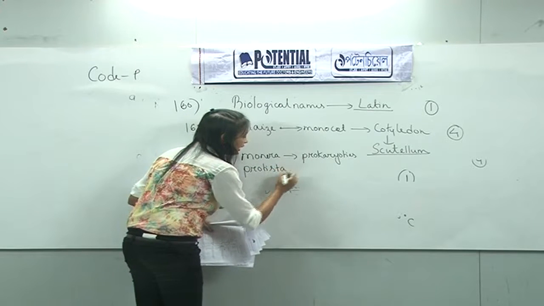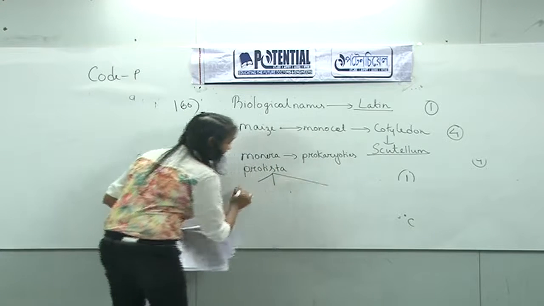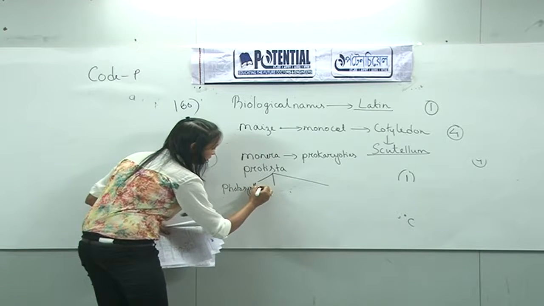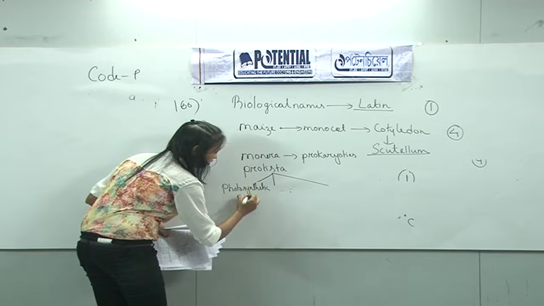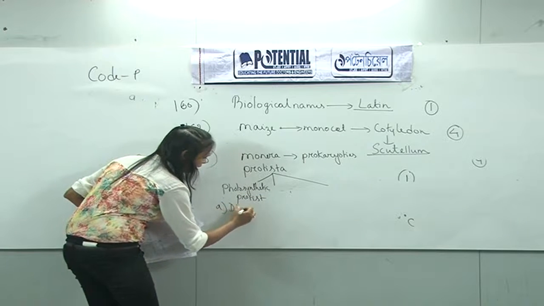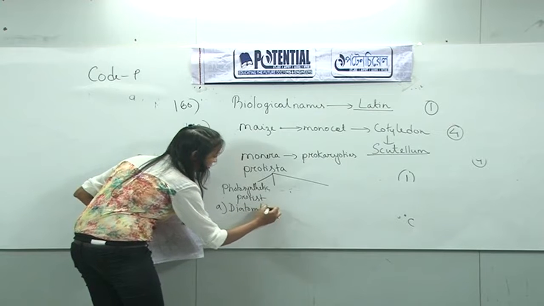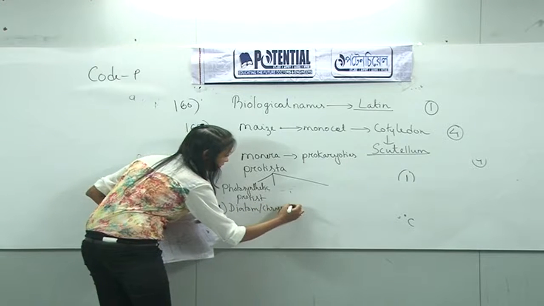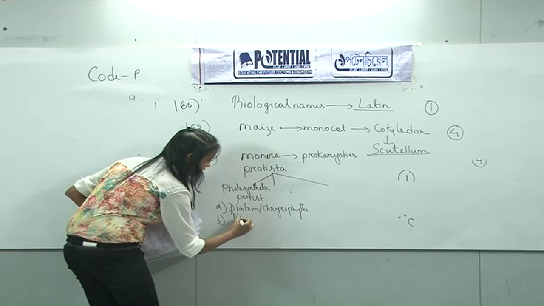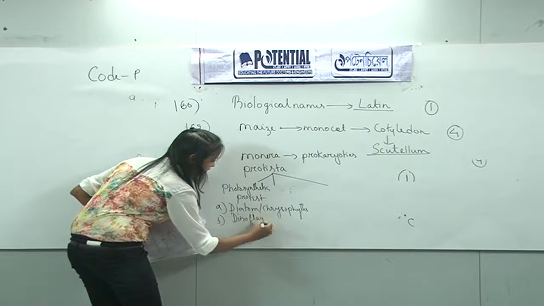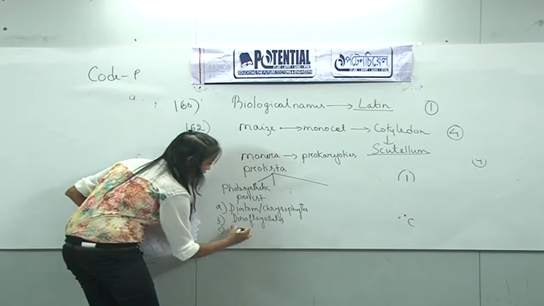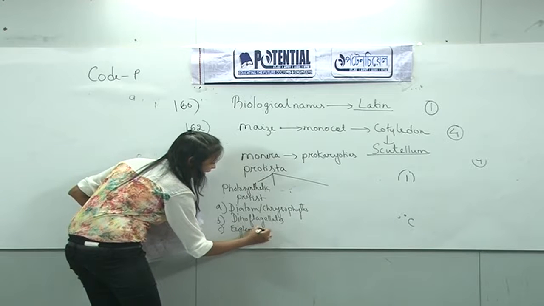We know Protista contains three groups of organisms. Photosynthetic protists, and that includes diatoms, dinoflagellates and euglenoids. All these are unicellular algae.